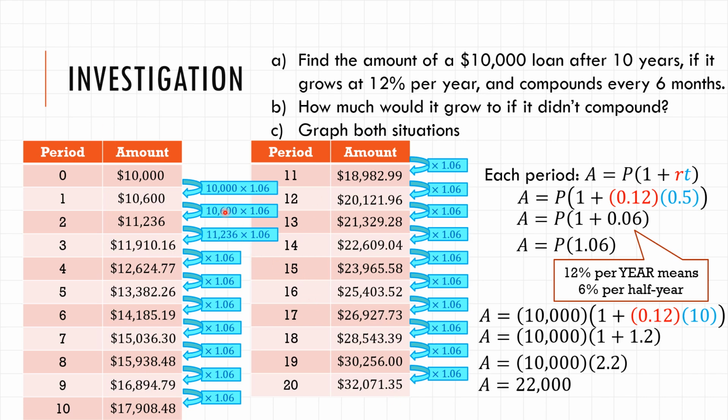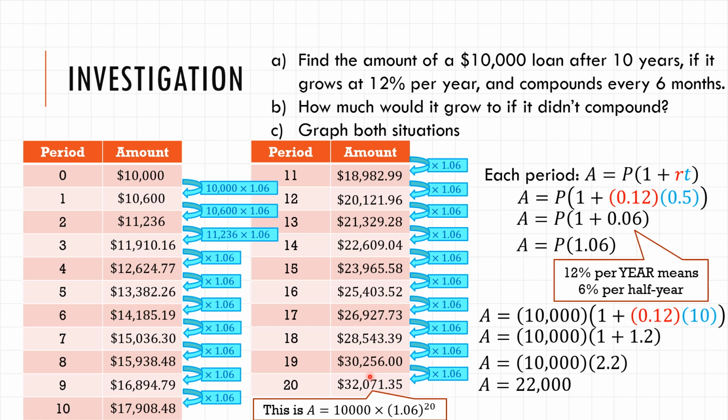Notice that we're doing the same thing. We're starting with our principal, 10,000, and we're multiplying by 1.06 again and again and again and again and again. And what operation are we doing when we are repeatedly multiplying by the same number? It's exponentiation.